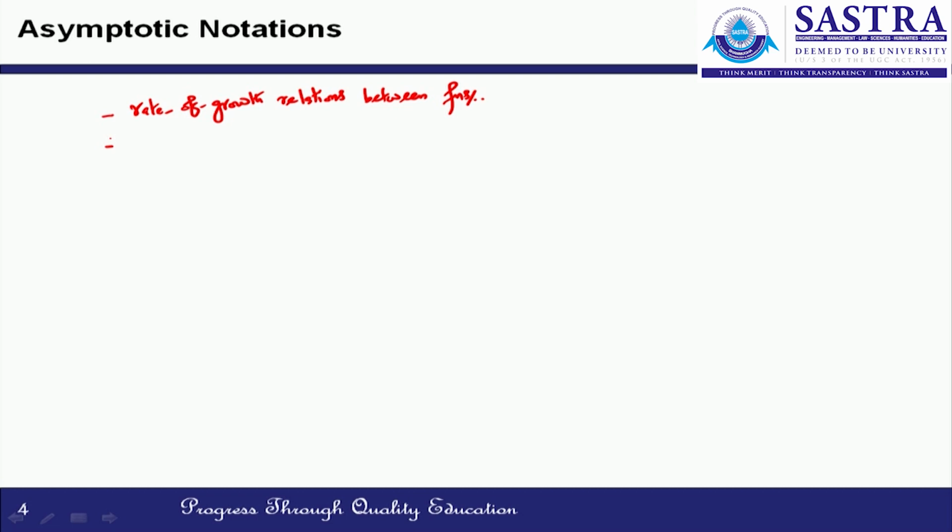Asymptotic notations describe the efficiency of an algorithm. Asymptotic notations help in determining the best possible algorithm.